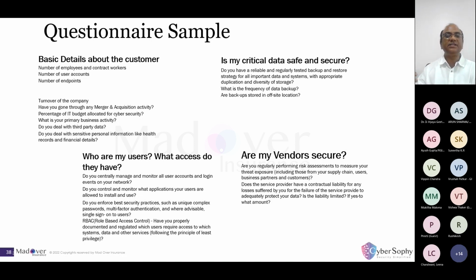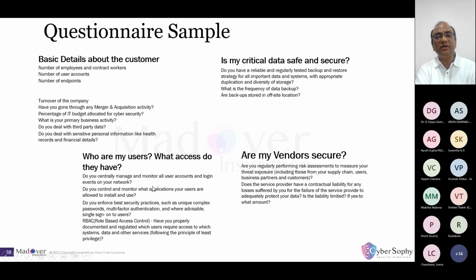But if it's a brick and mortar company, which is not doing a lot of business online, then the risks are different. The website is still important, but not as important as for an e-commerce company. So depending on the nature of business and the type of digital exposure a company has, the risk will vary.